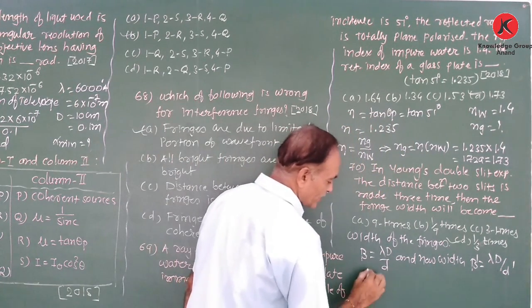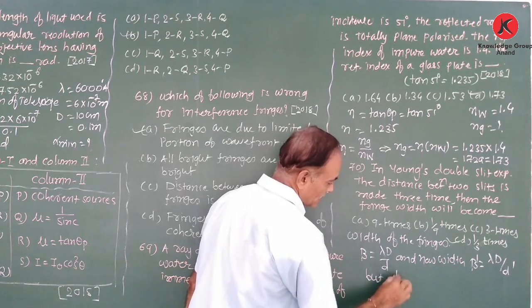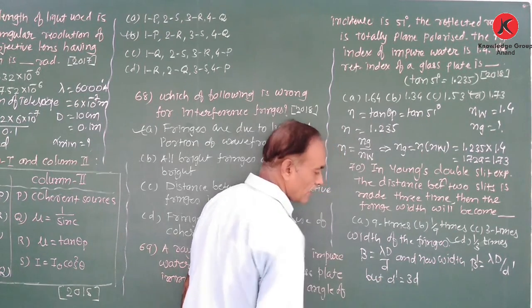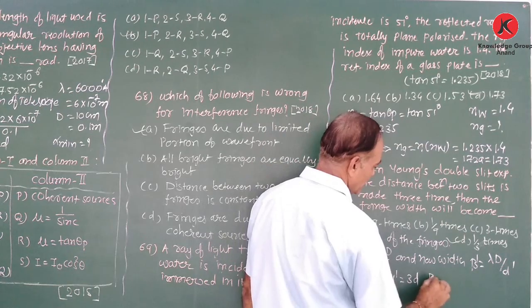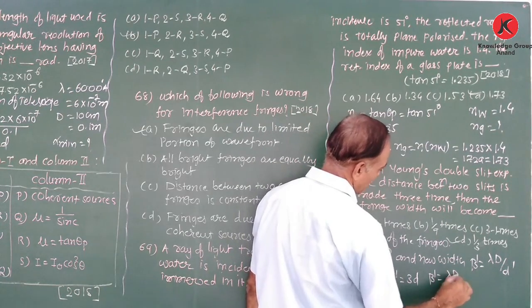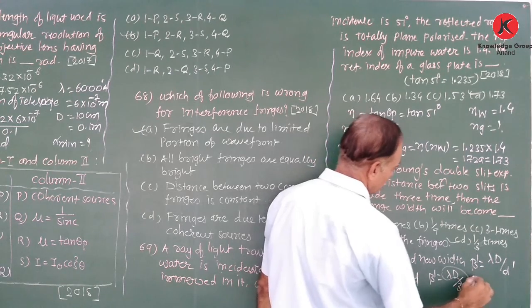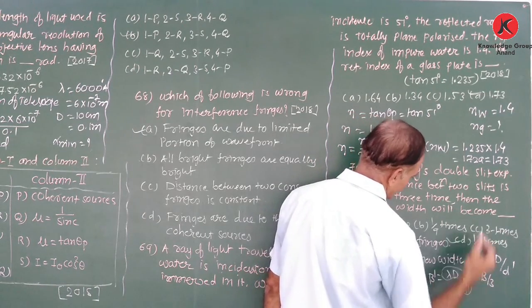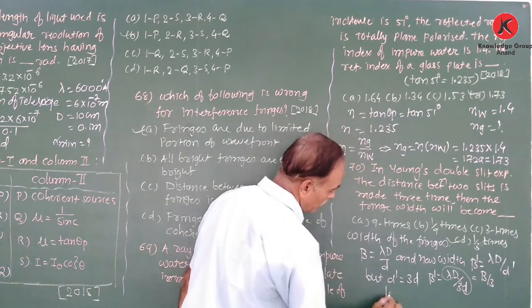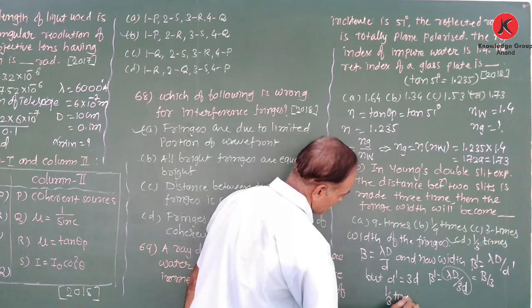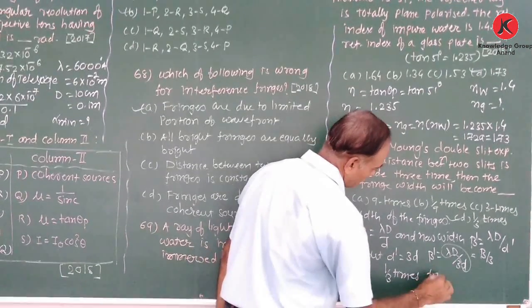Now d dash is the new slit separation, that is 3 times the earlier. Therefore, beta dash is equal to lambda D upon 3d, but this is equal to beta upon 3. Therefore, 1 by 3 times the fringe width is obtained.